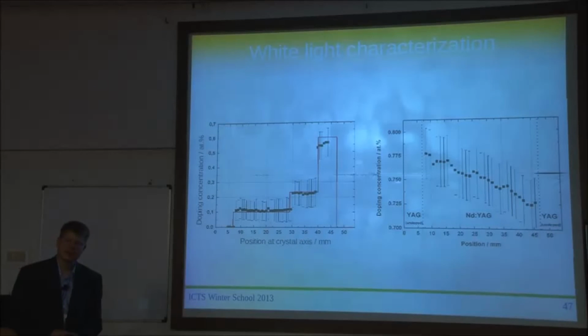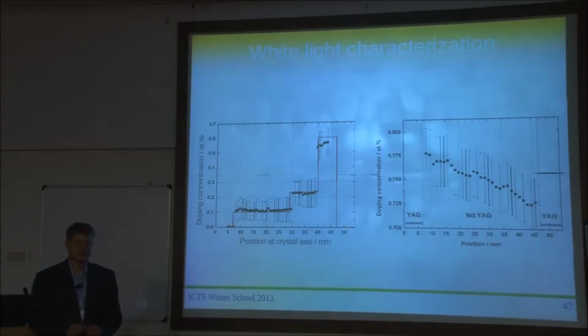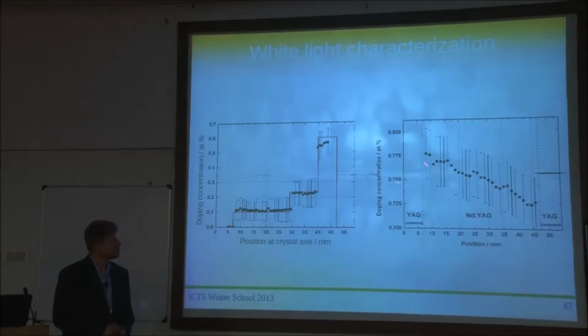And that's something that you usually observe in crystals, even in the LIGO crystals. And if we have time, then I'm going to talk about that in the next lecture on thermo-optical effects. But that's really a problem, and it's getting worse especially if you have low-doped crystals, percentage-wise.